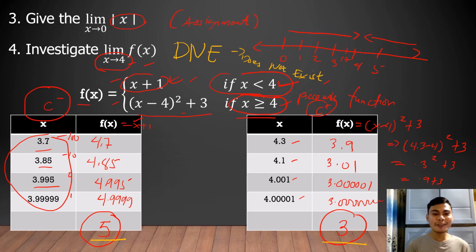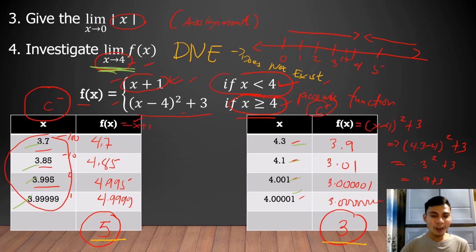Okay? So as a sort of review, ikaw lang po ang magpili ng mga points here na gagamitin natin, no? This one, again, this 3.7, 3.85 from the left of the constant. Ito from the right of the constant. You choose closest points.